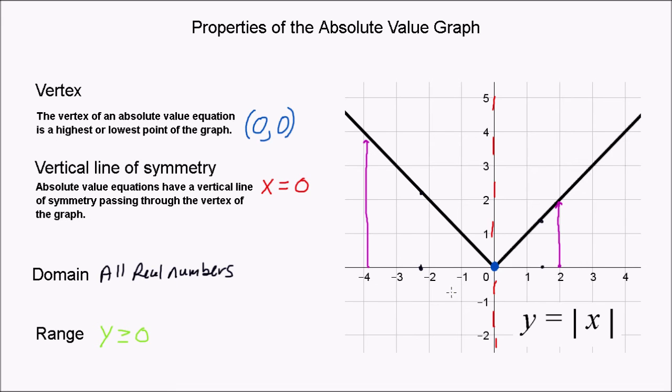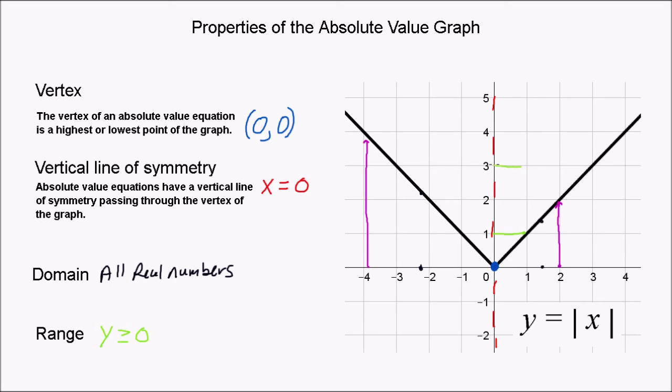And visually, when we look at this graph, it means when I start at the y-axis and draw horizontal lines, I will be able to meet the graph as long as I start on the y-axis somewhere greater than or equal to 0. So at 1, I can draw a horizontal line and I meet the graph.